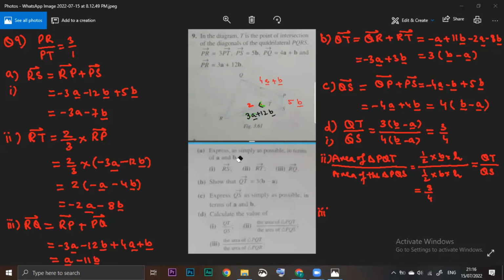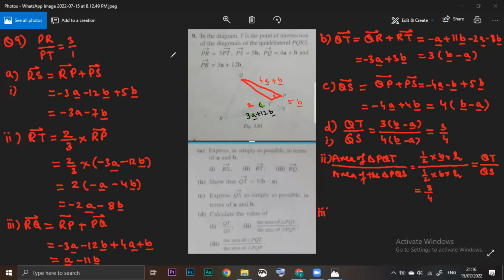In part number 3, area of the triangle PQT over PQR. This one is the triangle PQT.